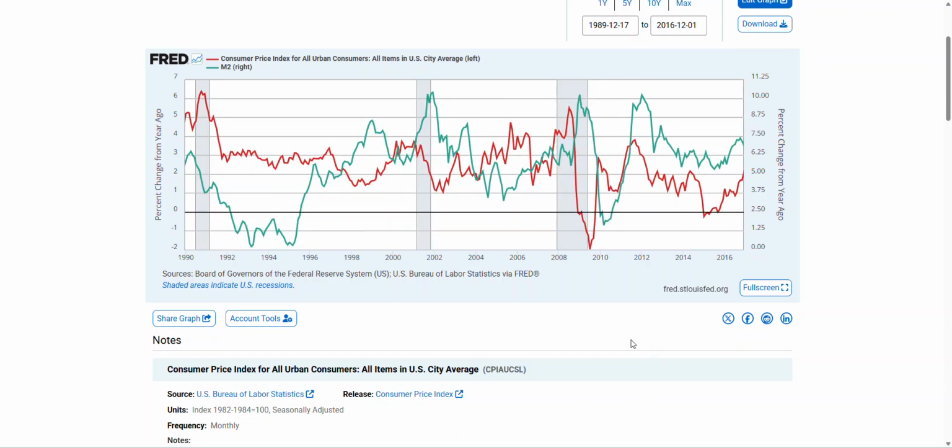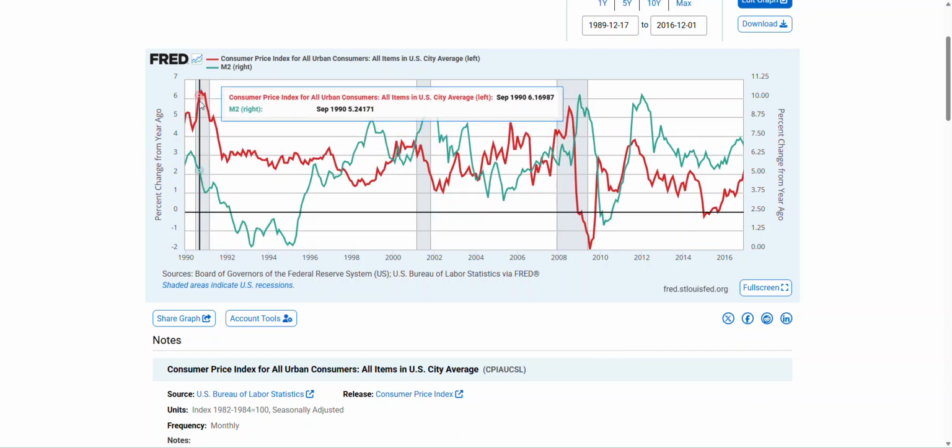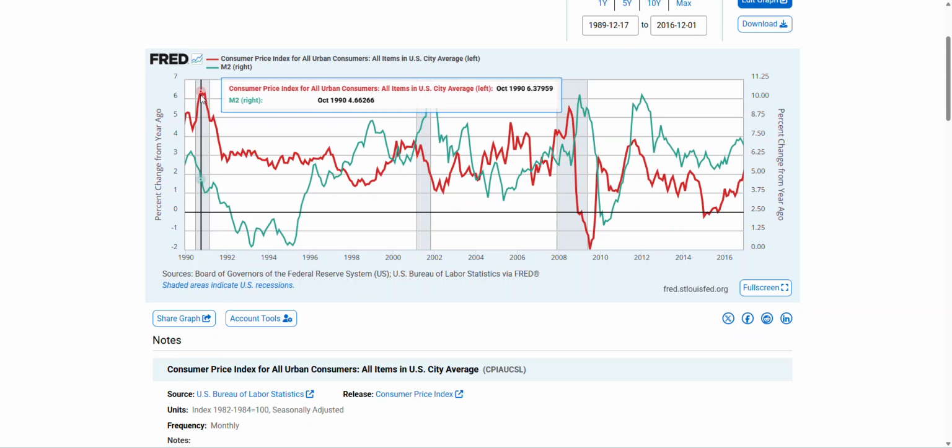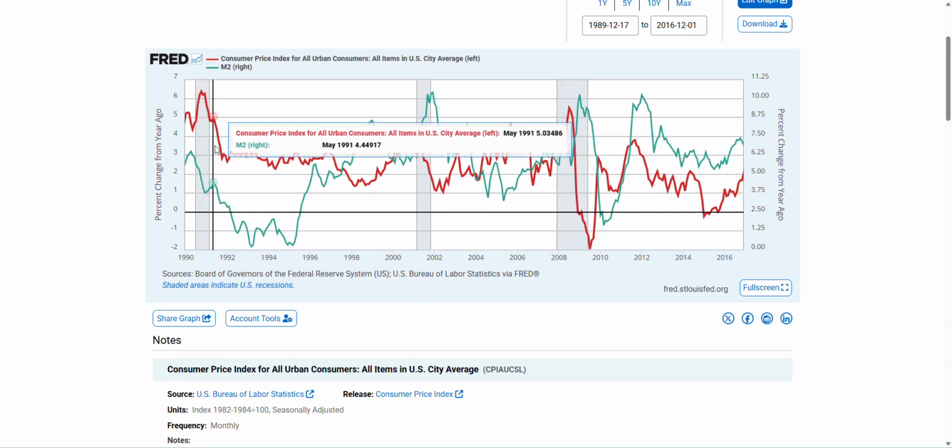Now, what do we see? We see a lot of changes in money supply. We see consumer prices high during this recession. But what is high? 4.66%, nothing like we saw before.